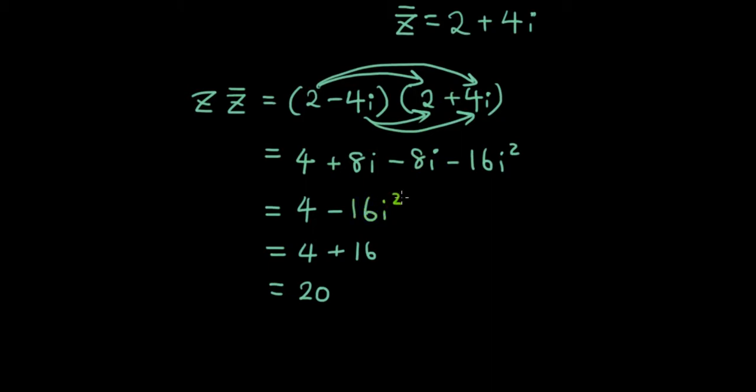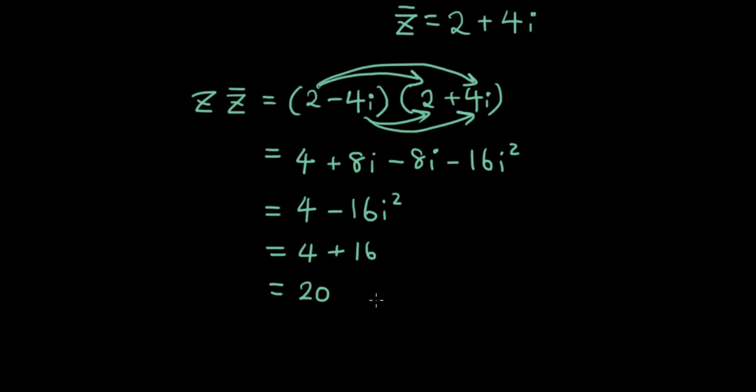Minus 16i squared becomes positive 16 because i squared is equal to negative 1, and negative 1 times negative 16 gives you positive 16, and 4 plus 16 gives you 20. Okay, so now that we have multiplied the two complex numbers together, we end up with a real number that does not have an imaginary component.